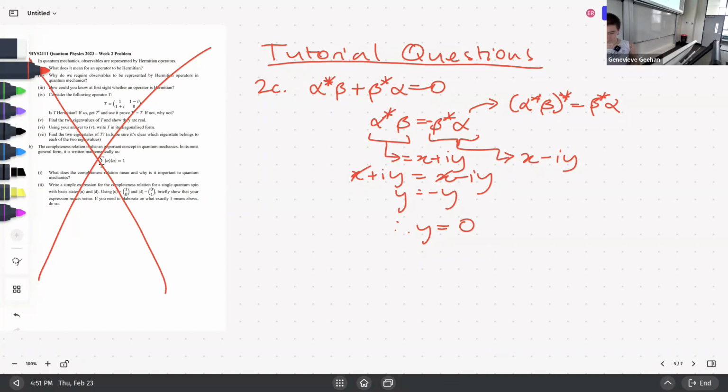So therefore alpha star beta and beta star alpha have to only have, oh, sorry.